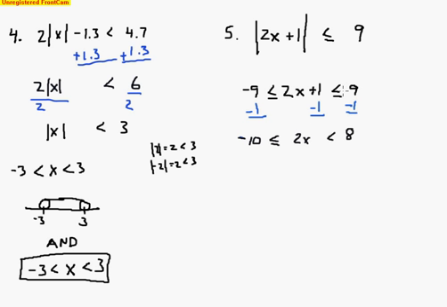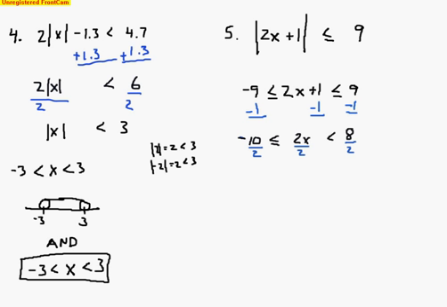So notice that these were opposite signs, so I subtracted. Here they are the same signs, so I added the two numbers. Well, we've got one more operation to figure out the endpoints of our inequality here. We're just going to divide by 2.